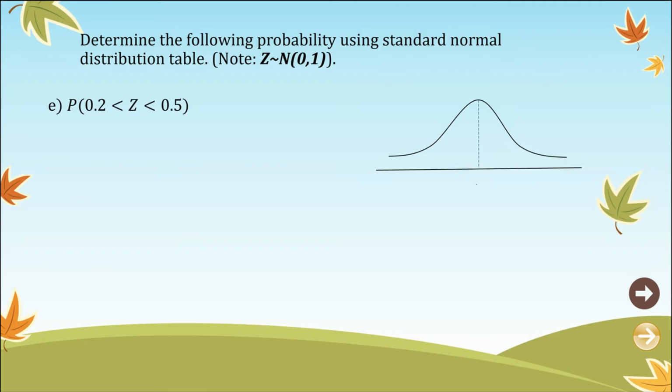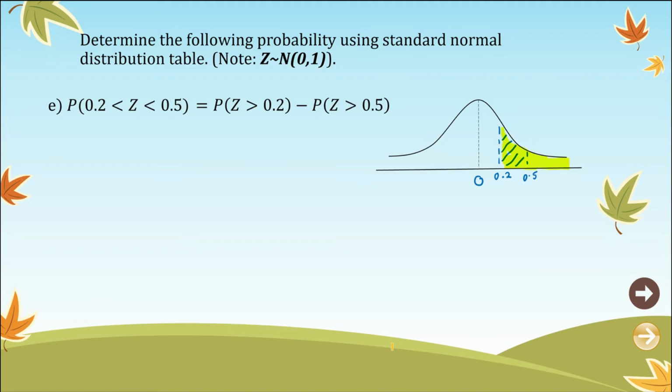E is for the probability when Z is between 0.2 and 0.5. Let's shade the area. 0.2 and 0.5 are both on the right side. This is the area. When we read at 0.2 from the table, we will get this area, Z greater than or equal to 0.2.